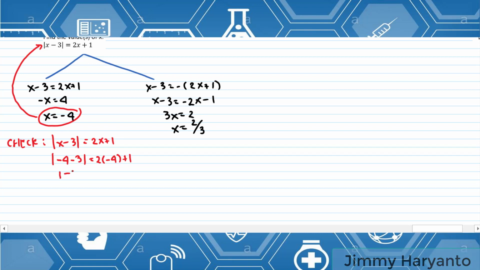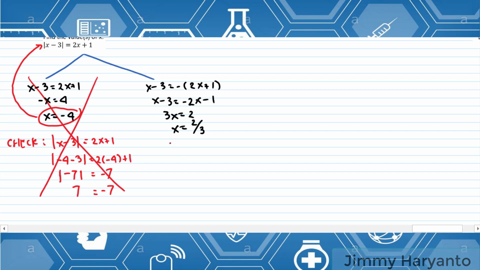The absolute value of negative 7 equals negative 8 plus 1, negative 7. So the absolute value of negative 7 is 7, equals negative 7. It is not the same because 7 is not negative 7. So this part is wrong.